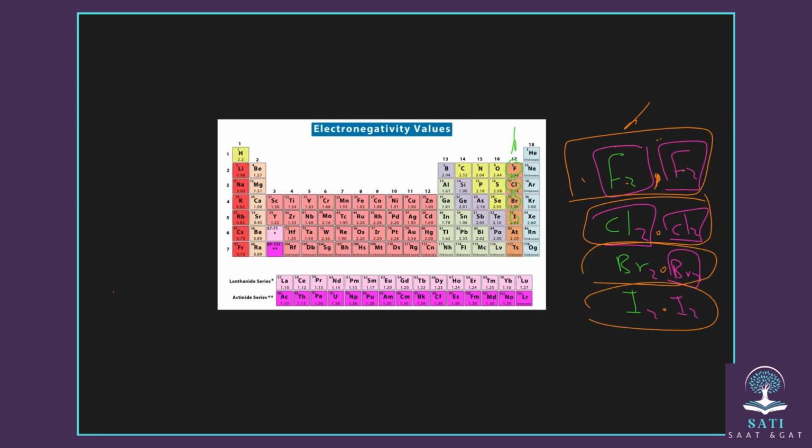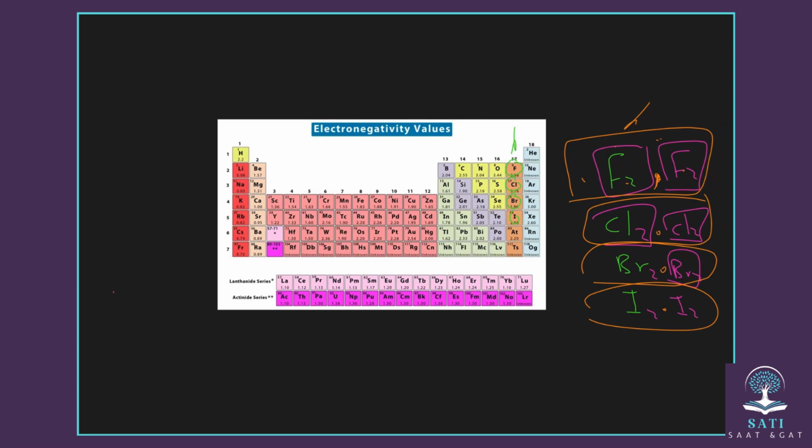So this movement, for many molecules of that element, the attraction between them is related to the movement of electrons. Okay, which one has more electrons?